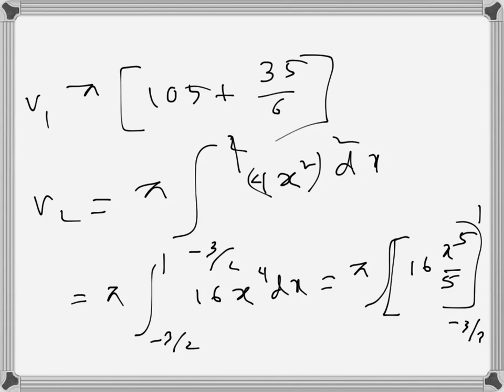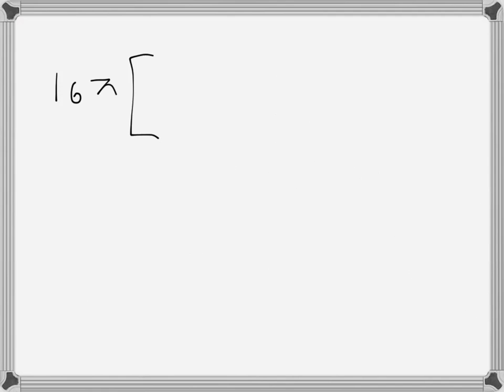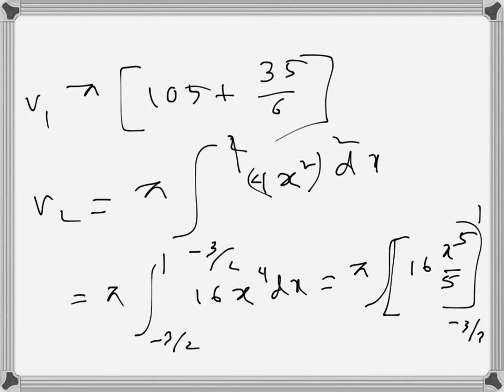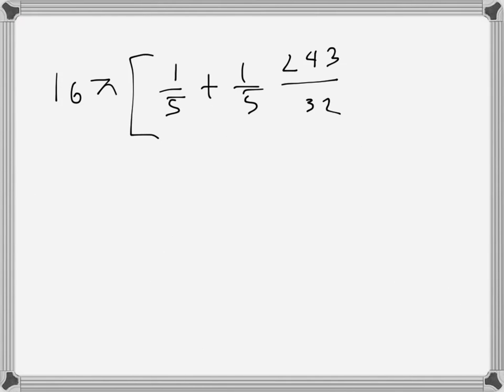I can write 16 pi here, and then this one becoming 1/5 plus 1/5 times 243 over 32, because that will be minus 3 over 2 to the power 5, that would be negative, but the negative sign of this one will cancel, bringing that positive.